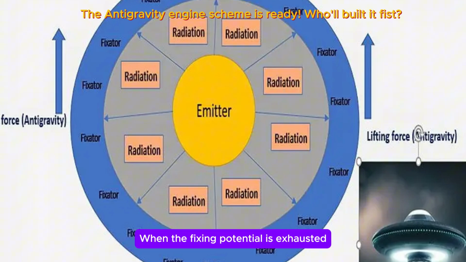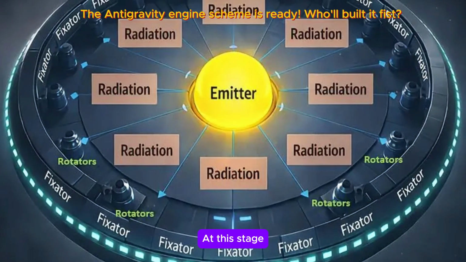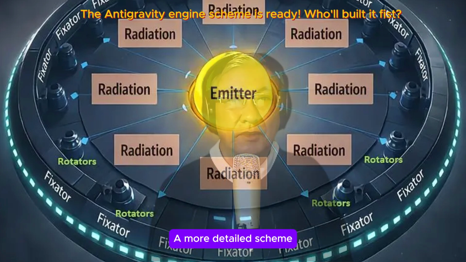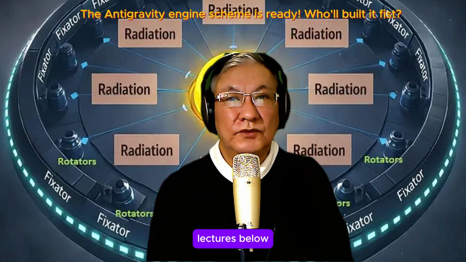When the fixing potential is exhausted, a periodic stage of pulse affixation begins in the fixator's material. At this stage, the fixator begins to generate antigravity energy, lift force, and antigravity from the structural vacuum of the fixator's material. A more detailed scheme of the engine's operation is provided in the basic lectures below.